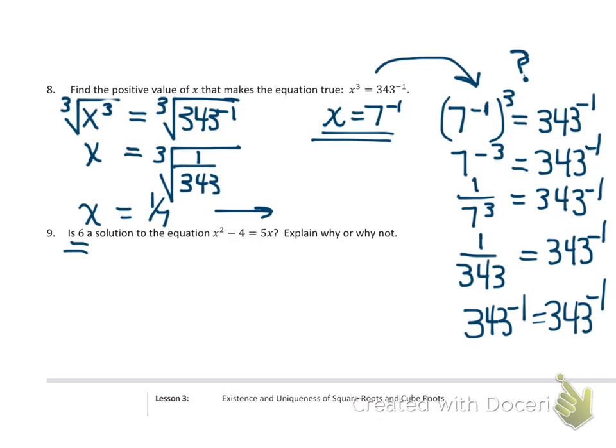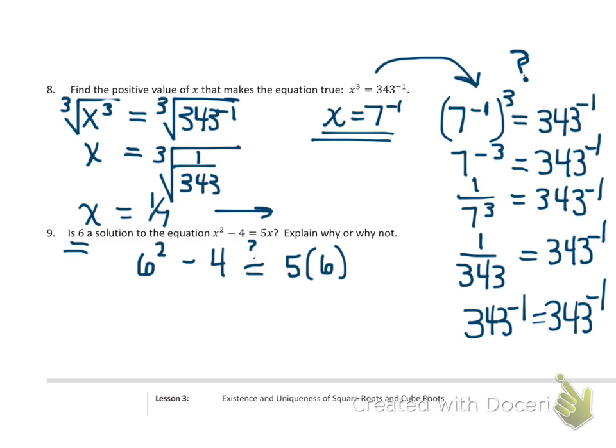Well, to know if 6 is a solution to that equation, all I have to do is put 6 in for x. So I can say 6 squared minus 4, and I'm saying, is that equal to 5 times x, which is 6? 6 squared minus 4, is that equal to 5 times 6?